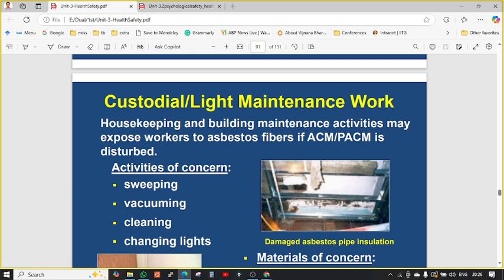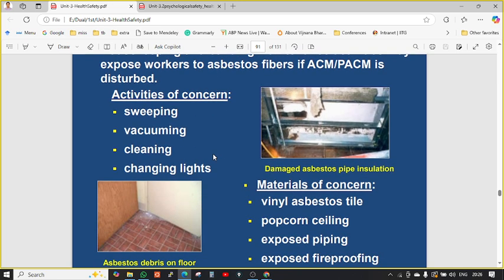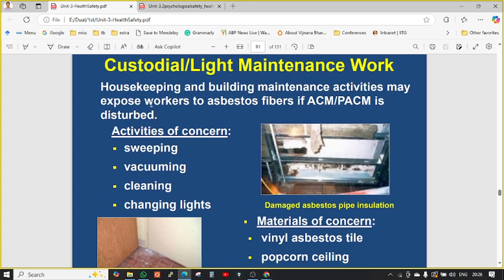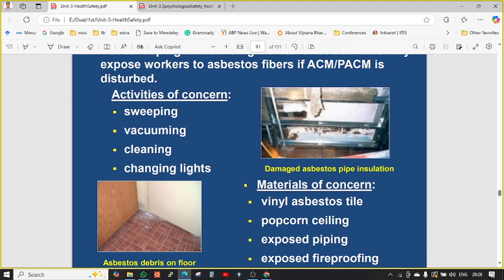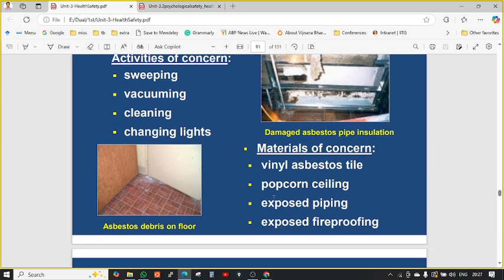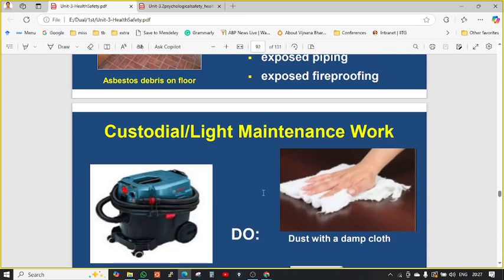Then light maintenance work, because there are some things you have to know: housekeeping and building maintenance activity may expose workers to asbestos. If we have daily housekeeping activities like sweeping, vacuuming, and cleaning, then fine asbestos can enter your body. Vinyl asbestos tile and ceilings are places where you can find these things.